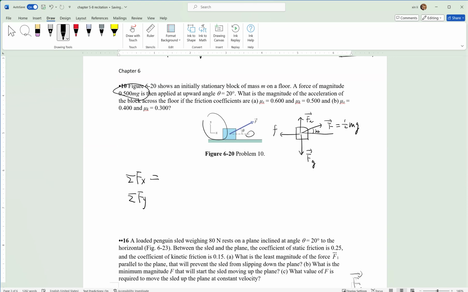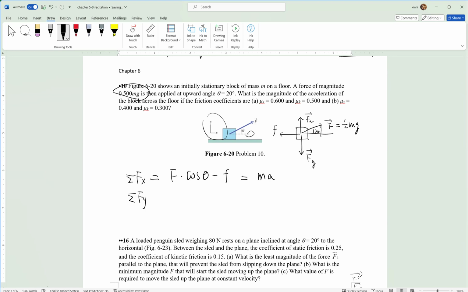So in the x direction, we should have F times sine, it's not sine, it's actually cosine theta, minus f, equals ma. We do not know if it's moving or not, so let's just write it this way.